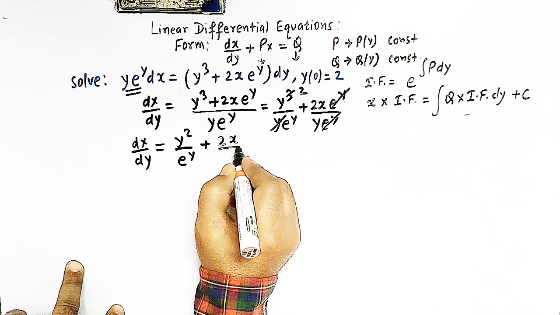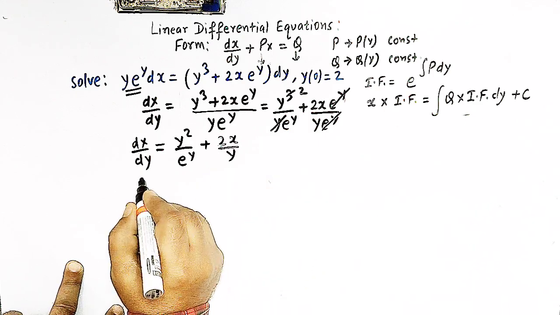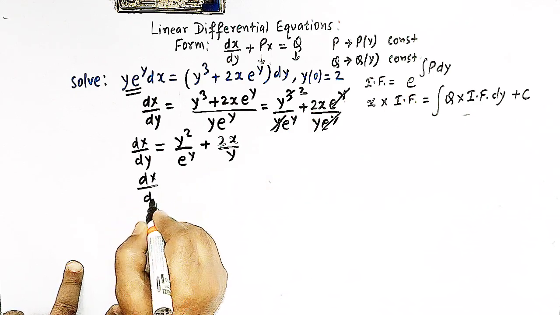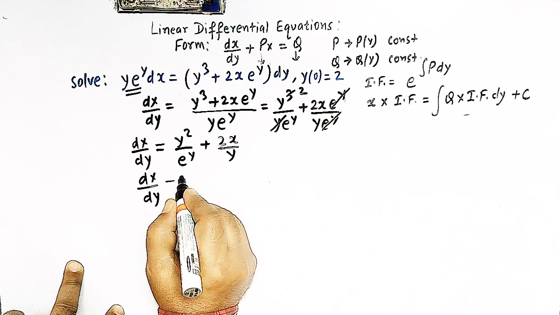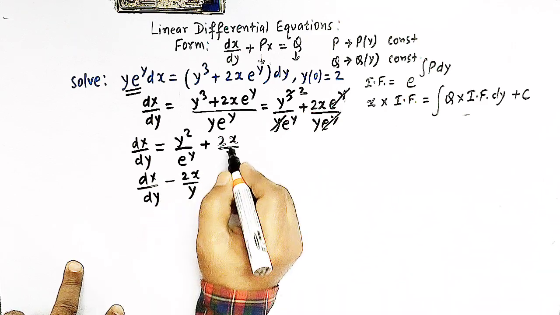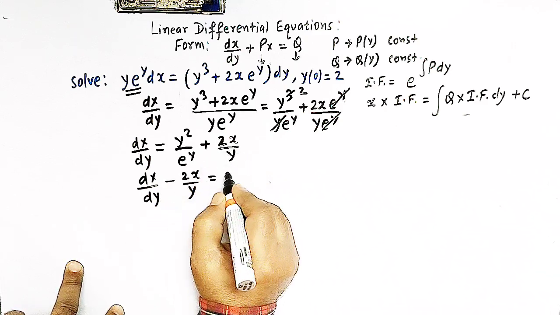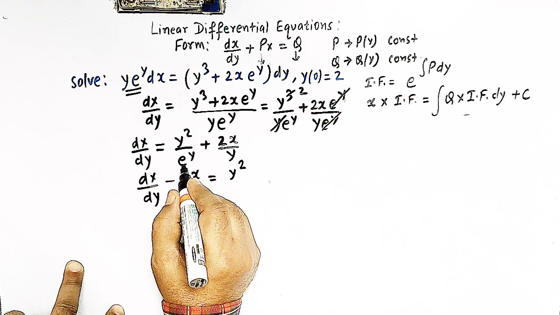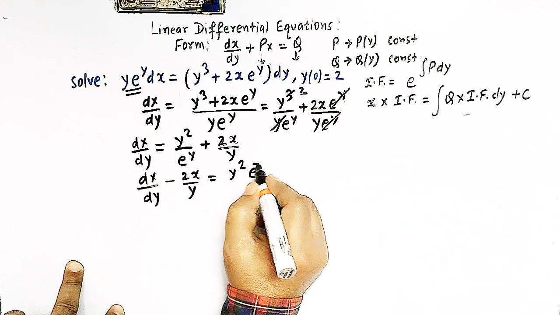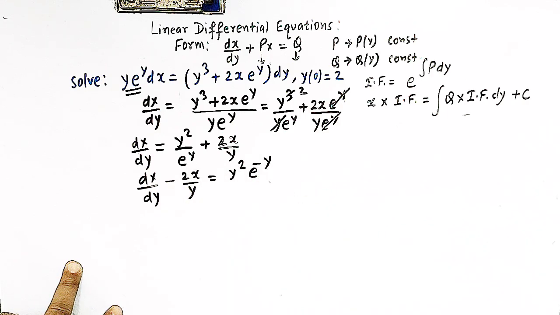We have 2x over y. So now we can write dx over dy minus 2x over y, and here we have y square over e raised to y, so we can write it as e raised to minus y.